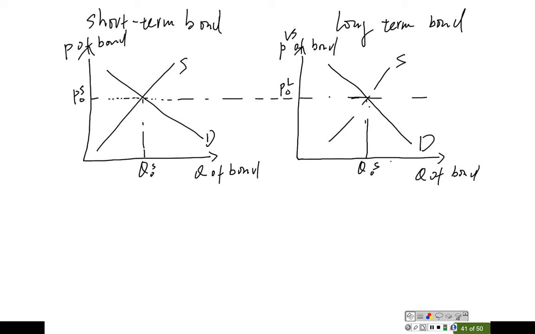Based on the time to maturity, you can probably guess the short-term bond is more liquid, because the years to maturity is smaller than the long-term bond, so high liquidity. The long-term bond has a low liquidity because of the longer term.